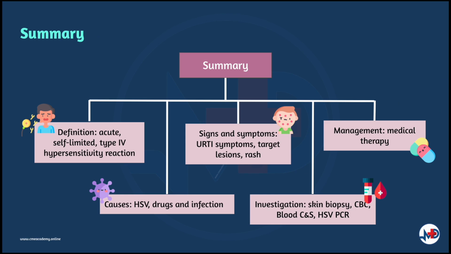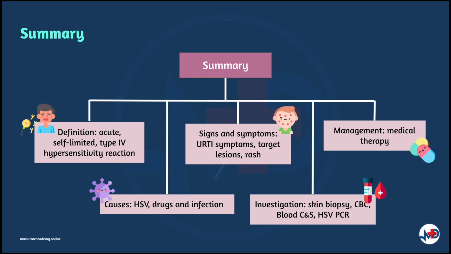So in summary, erythema multiforme is an acute self-limiting type 4 hypersensitivity reaction-mediated recurring skin condition that is considered to be associated with certain infections, medications, and other various triggers. Herpes simplex virus is the commonest cause, followed by drugs and infections.